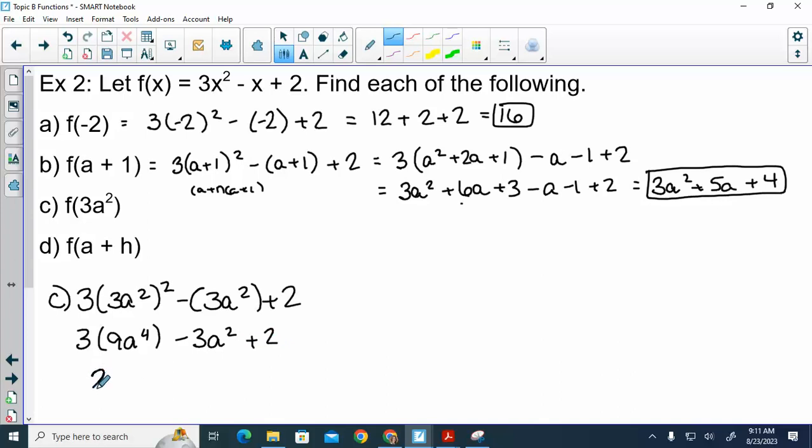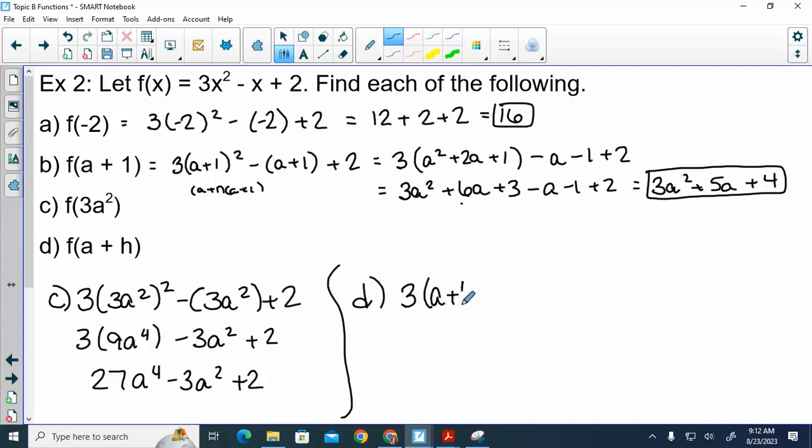So the first one, did you get 27a to the 4th minus 3a squared plus 2? Yes. And D, not necessarily hard, but more time consuming. You have to plug in that a plus h.